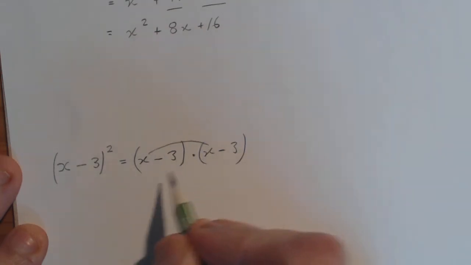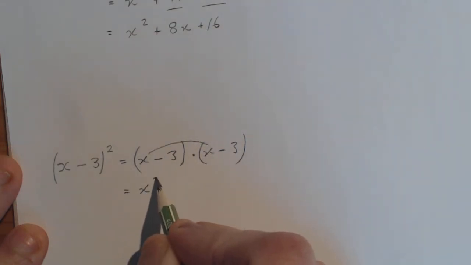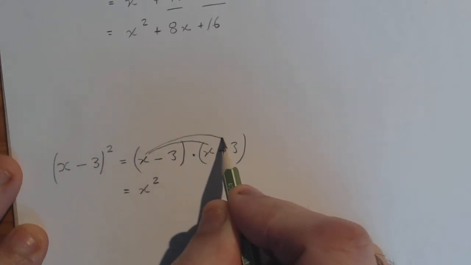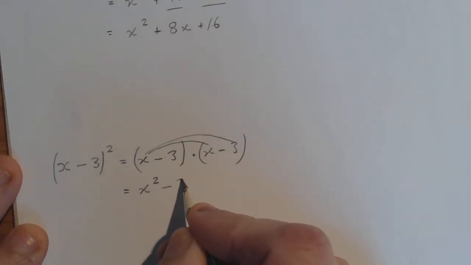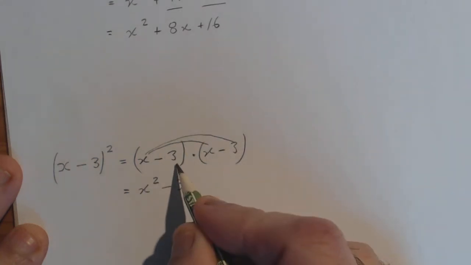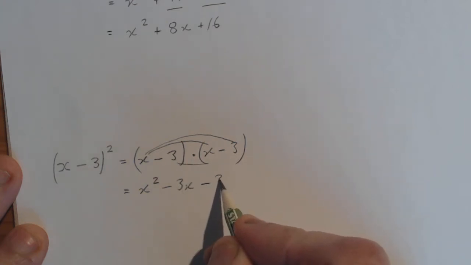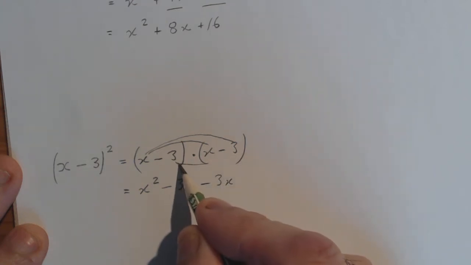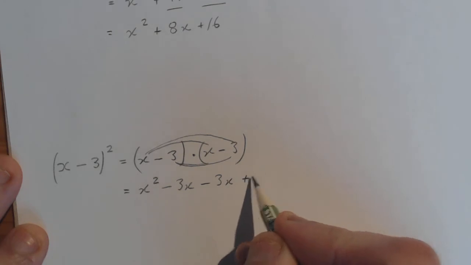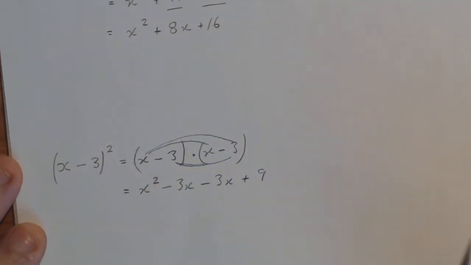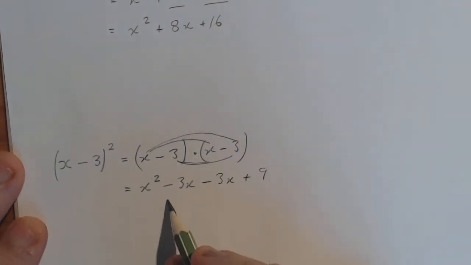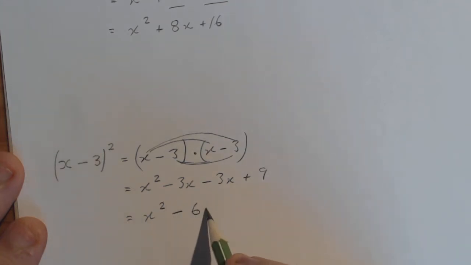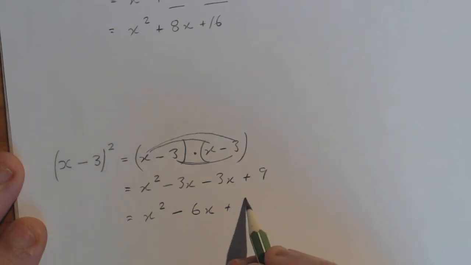So x times x, x squared, x times minus 3 is minus 3x, minus 3 times x gives minus 3x, and then minus 3 times minus 3 gives plus 9. Now we collect the negative 3x terms here, so we get x squared minus 6x plus 9.